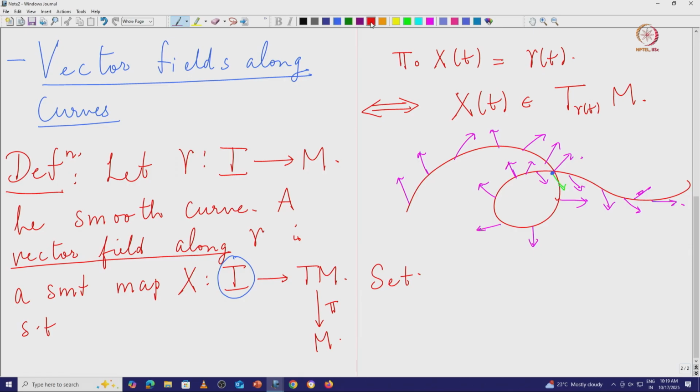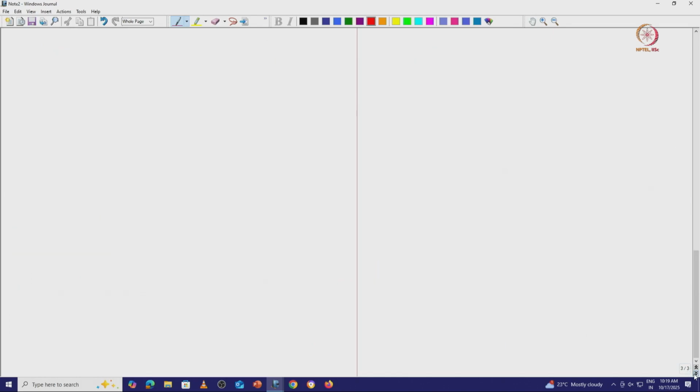So we set x of gamma to be the set of vector fields along gamma. What is the most basic example?